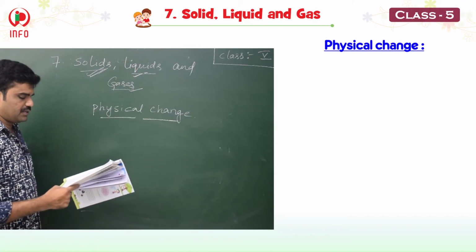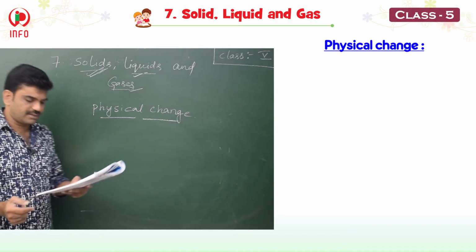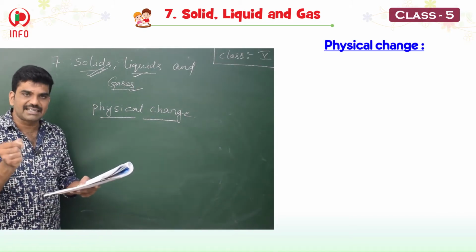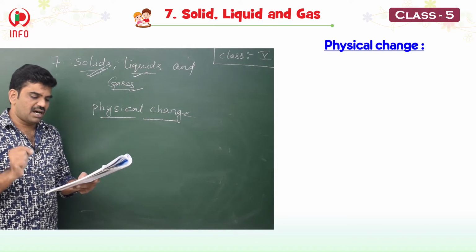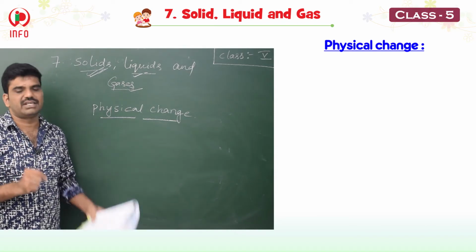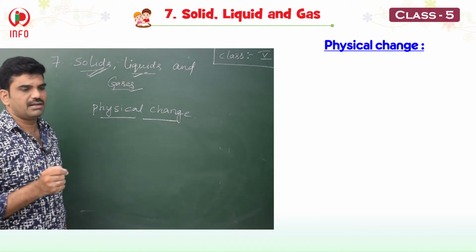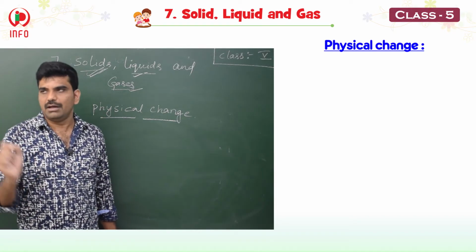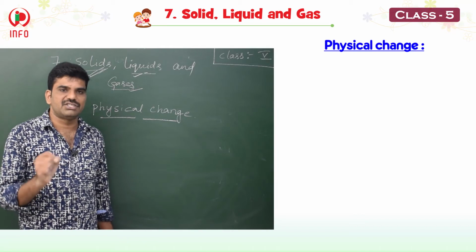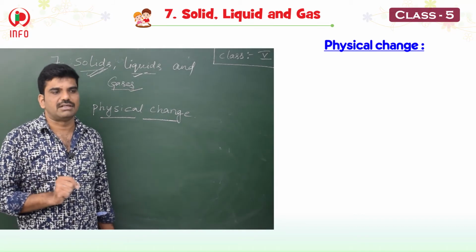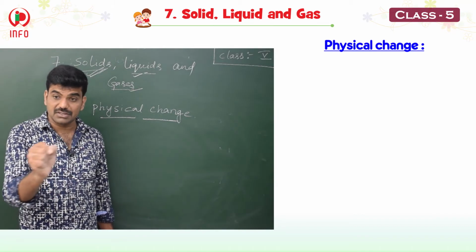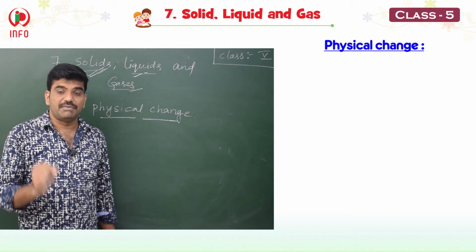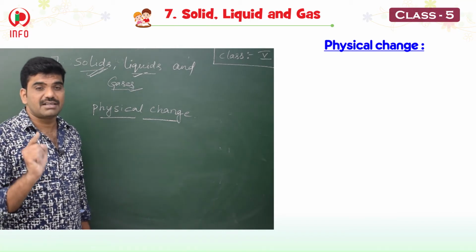Physical change. All the objects that we see and touch are in one of the three states. Yes, children. If you touch the bench or the wall or the chair, all those are solids, and we can see the solids. We can see the liquids also, but we can't see the gases.